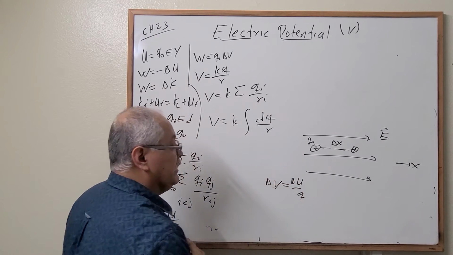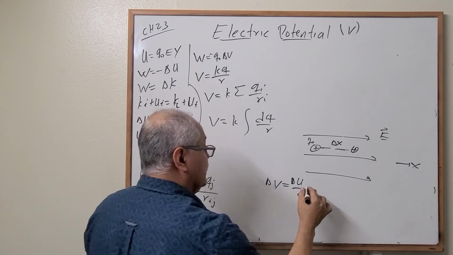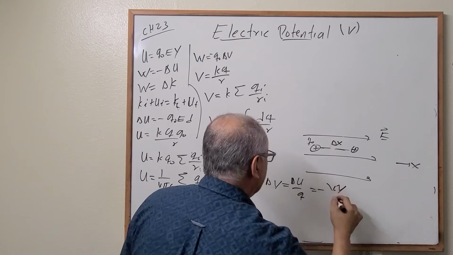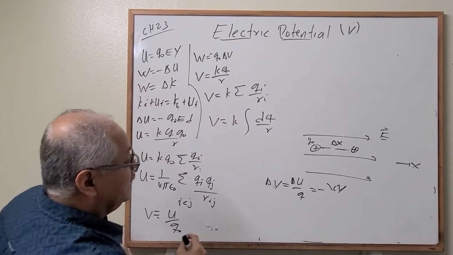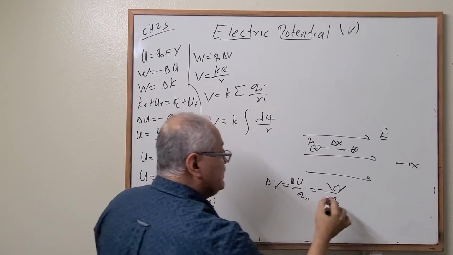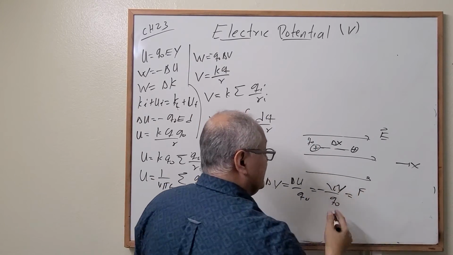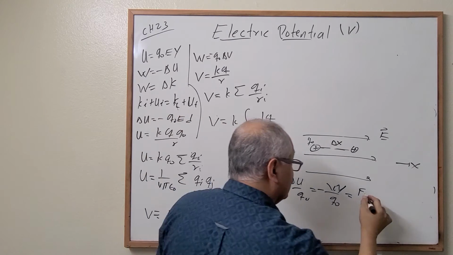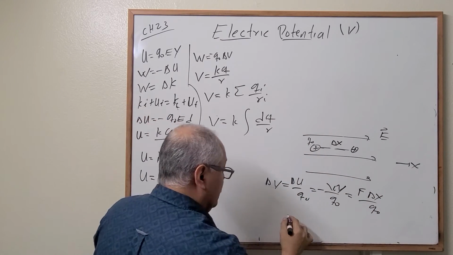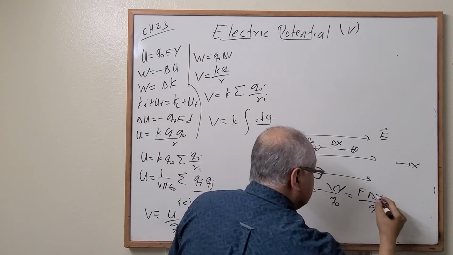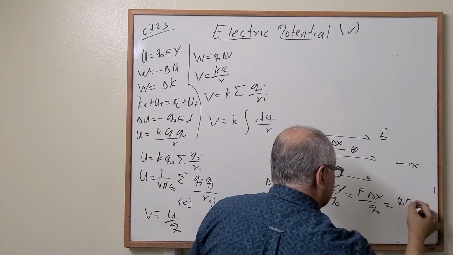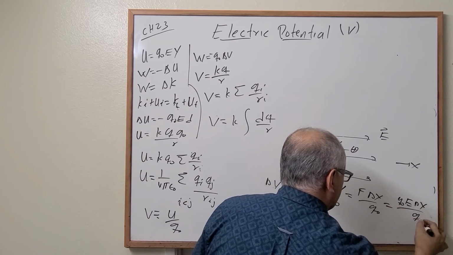So it's equal to negative work, remember, these two are related, divided by Q naught. But what is the work equal to? Force times the distance, delta x, over Q naught. But what is the force? The force is from a constant electric field. It's going to be Q naught times the electric field times delta x over Q naught.